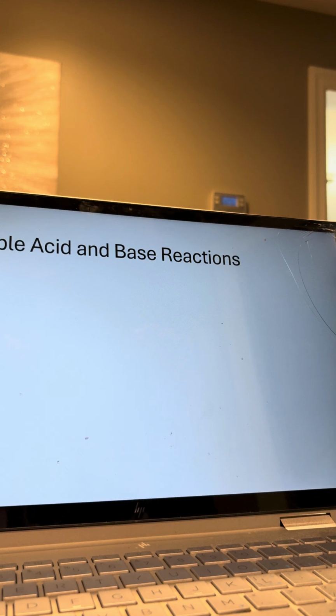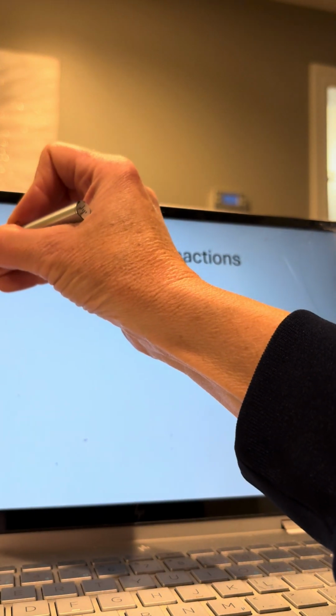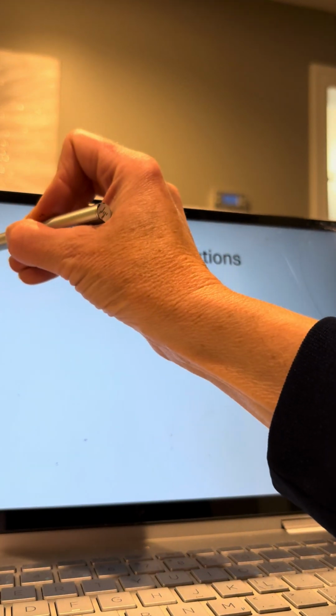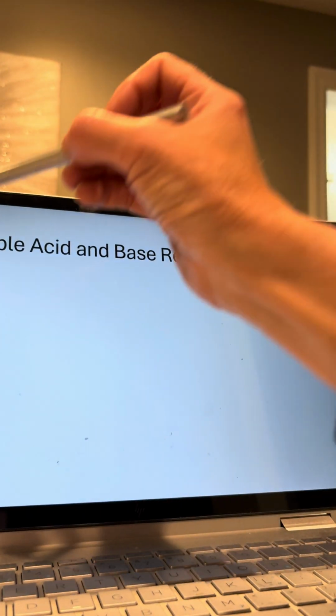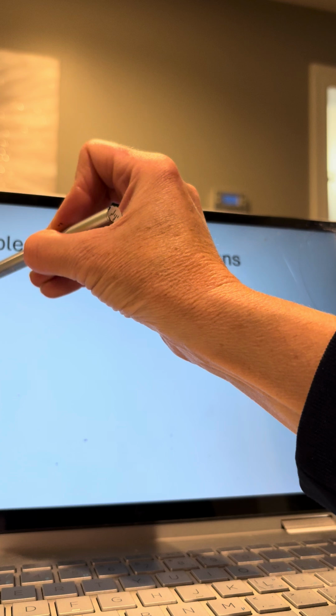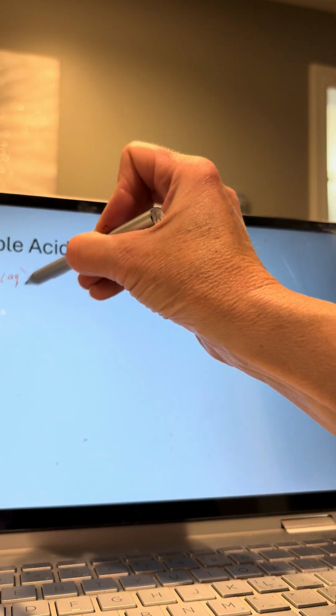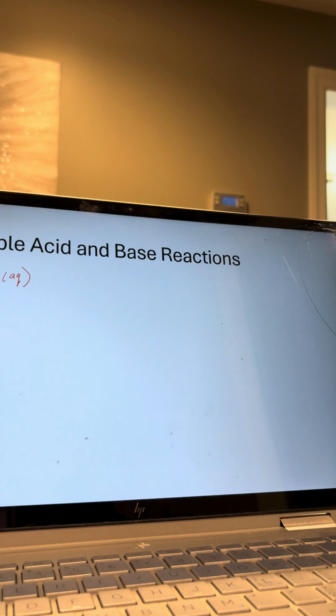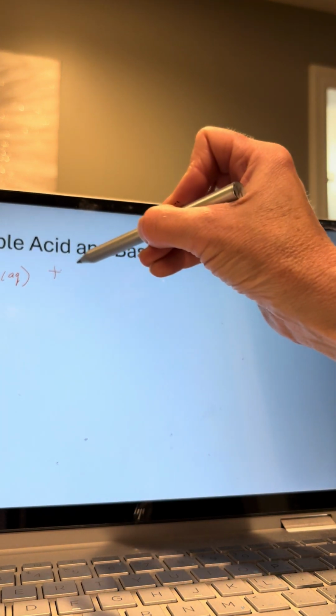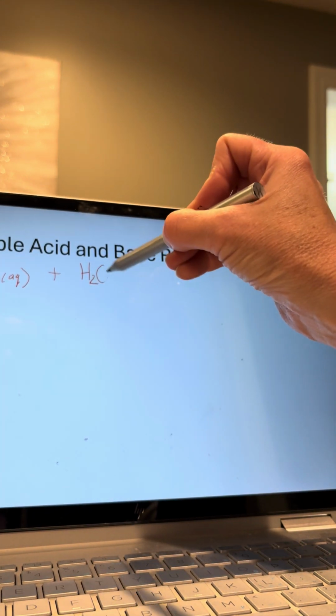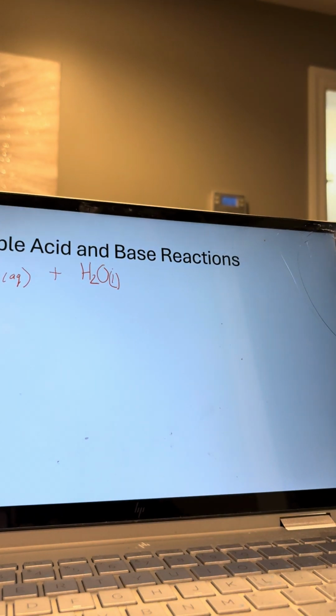So if we take a look, this is acetic acid. And we are going to react it with water. Okay, now acetic acid is actually a pretty weak acid. It's the one that's found in vinegar.